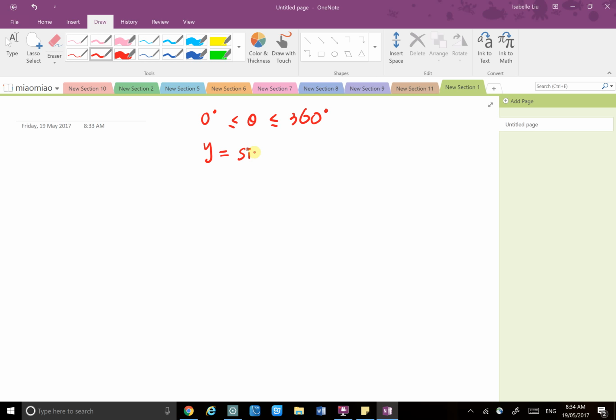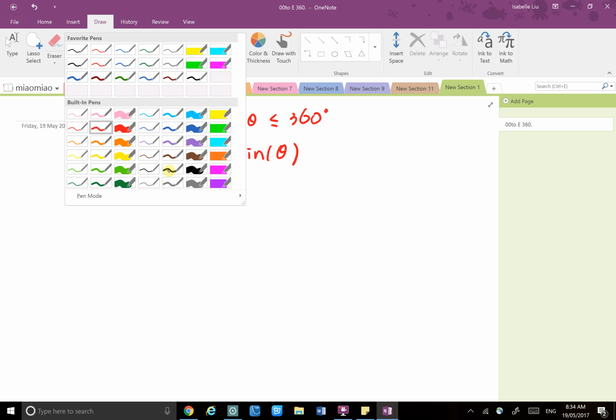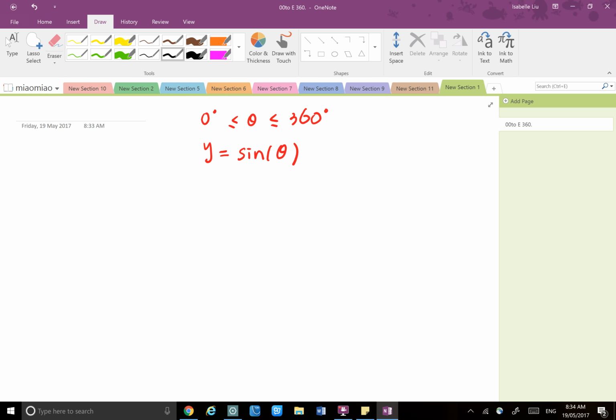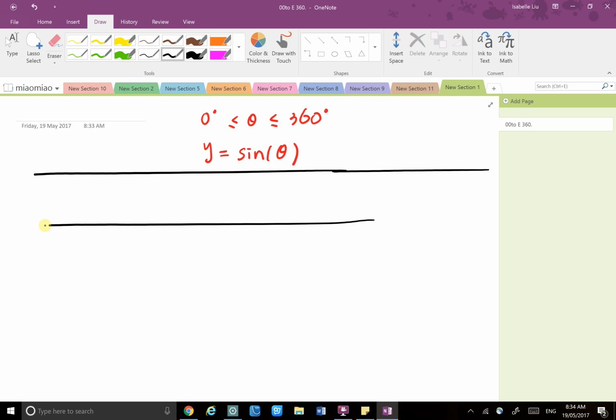Y equals sine theta. Let's think about some values.